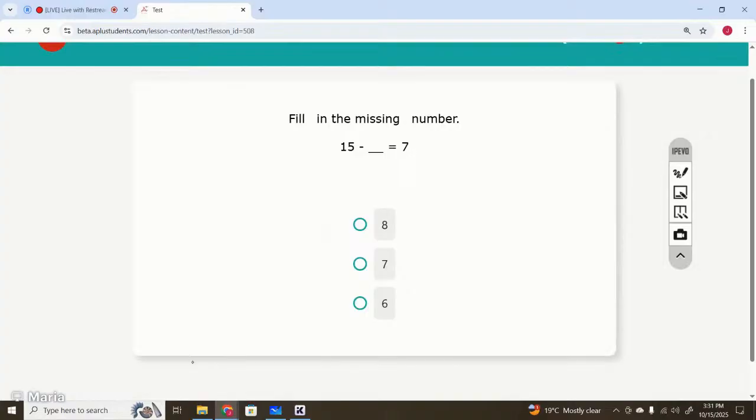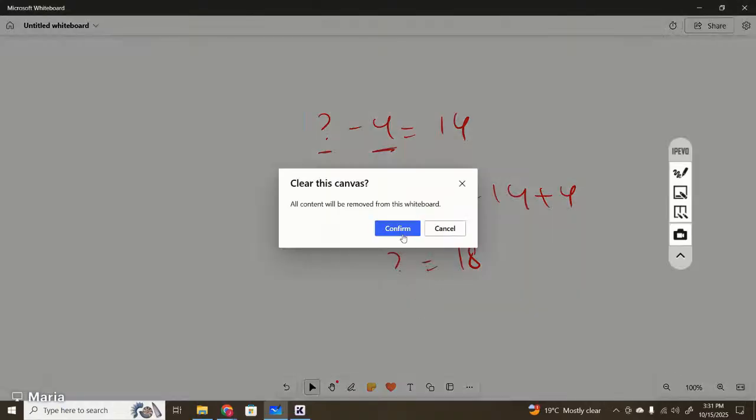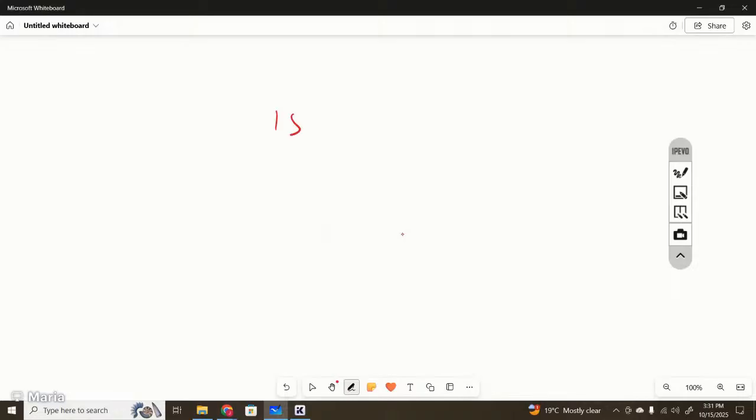Fill in the missing number. 15 minus the missing number equals 7. Now the smaller number is missing.